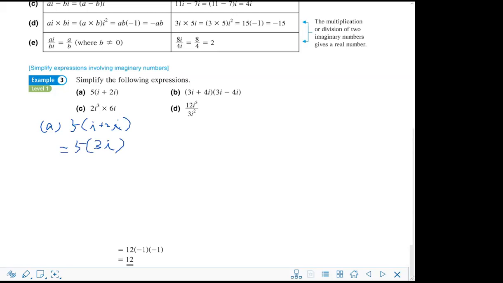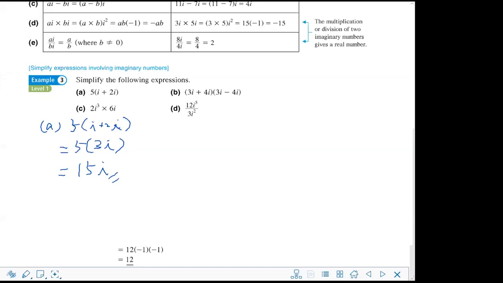Remember, i terms are like terms. They can be added together. And then 5 times 3i. You just multiply their numbers together. 5 times 3 becomes 15i. Okay, so that is the final answer. Just check whether you have i square or i3, i4 or not. If it is just i terms, it can be in the answer.